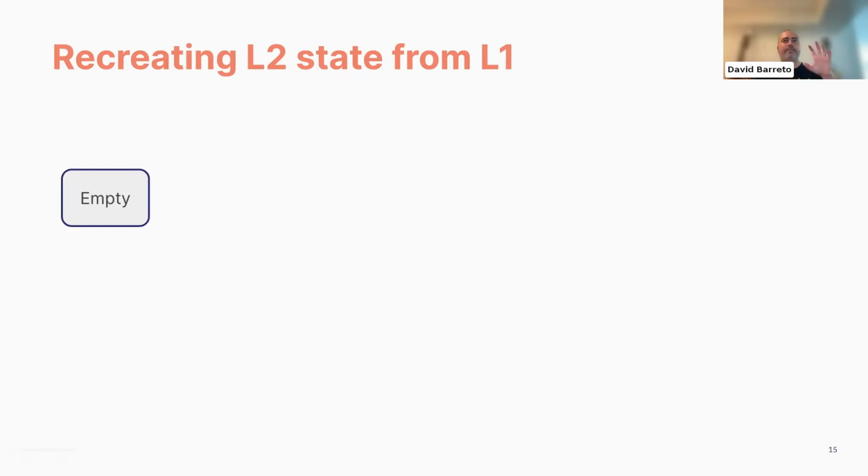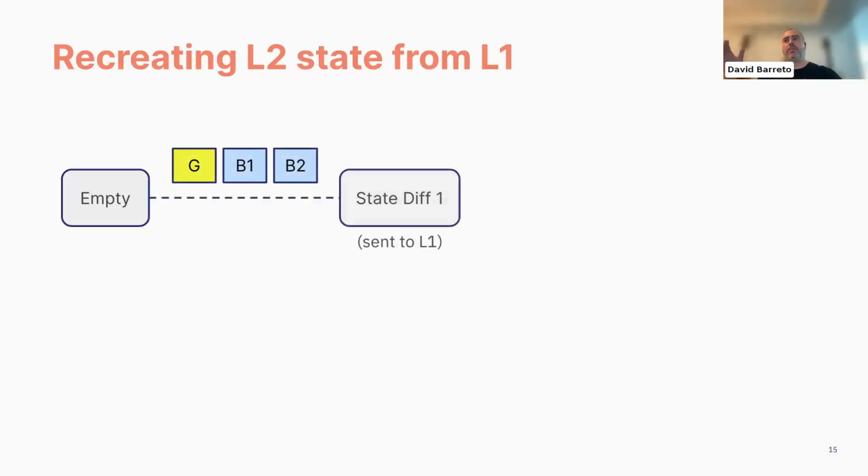So imagine that Starknet eventually started with a genesis block, right? With an empty state. And then you have the genesis block, then you have block 1, block 2, and so on. If you execute the transactions of all these blocks, Genesis, B1, B2, you will get to a new state, right? And what you're going to do is calculate how this new state is different from the previous state.